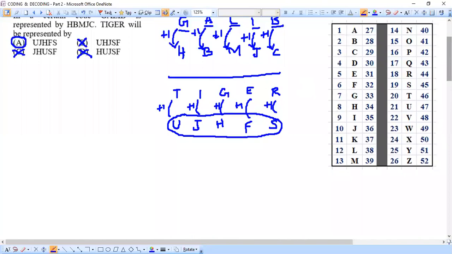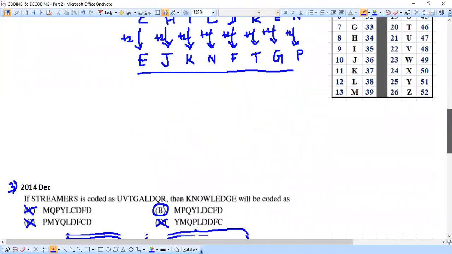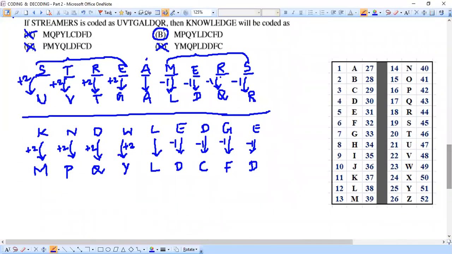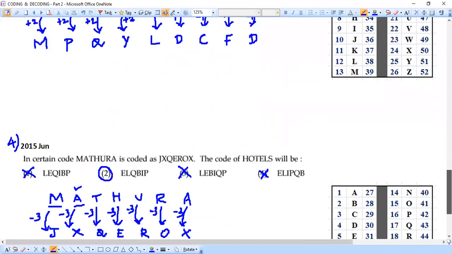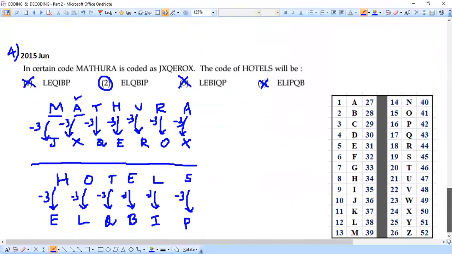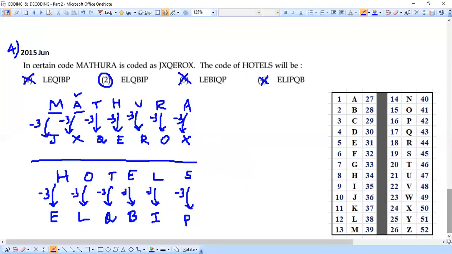In each case, I worked the full problem and then marked the answer. But if you don't have the option none of these, you can reach the answer quickly. Just by doing the first 2 letters or 3 letters itself, you'll be able to get the answer very easily. So kindly save your time. You are saving your time by working quickly. And if you have none of these as one of the options, be careful there.